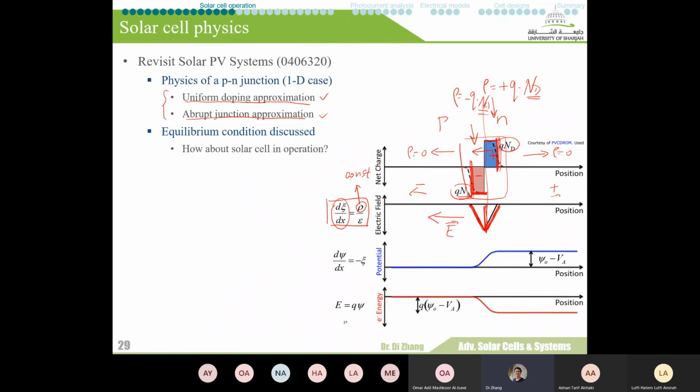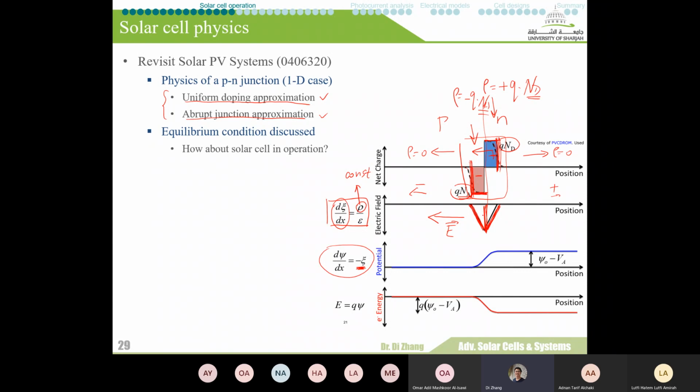Okay, and then in the p-n junction, we were also interested in the potential. If you want to go from electric field to potential, again, we have a very simple equation that says that the potential gradient, d phi over dx, should equal the negative of the electric field.